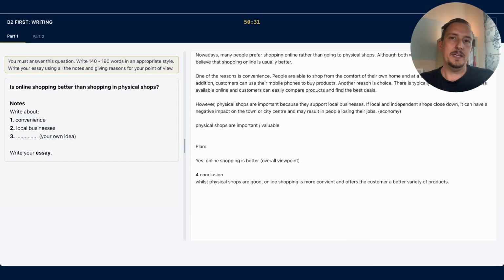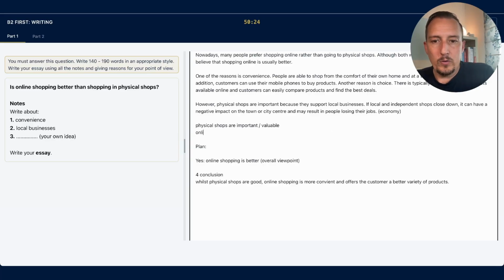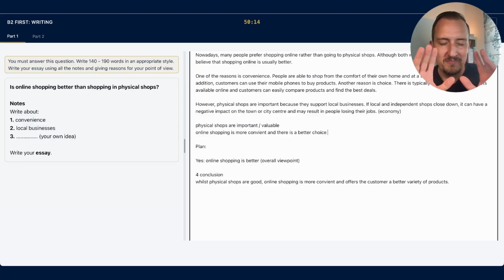That's a nice word that we can use. So we've said that the physical shops are valuable. What we've also said is that online shopping is more convenient, and there is a better choice. Now we want to rephrase that slightly, but that's basically what we're saying.